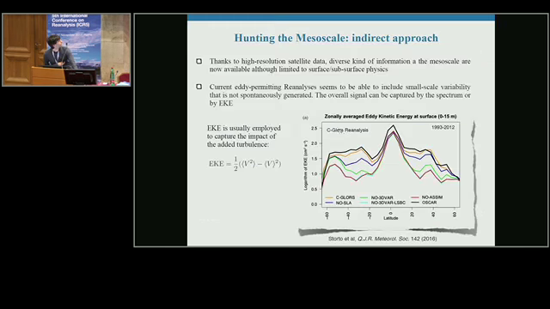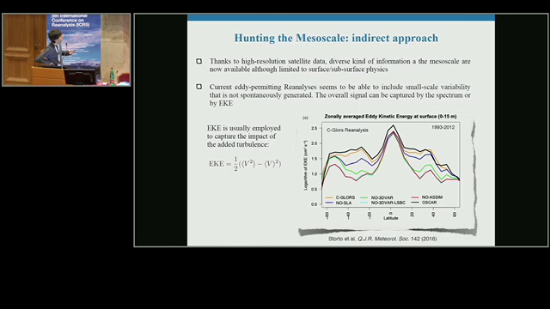So usually, when you want to see the impact at the mesoscale, in the literature you see studies looking at the overall signal coming from the spectrum or a variable like the eddy kinetic energy. In this picture from Andrea, you can see the impact of the assimilation procedure on eddy kinetic energy.